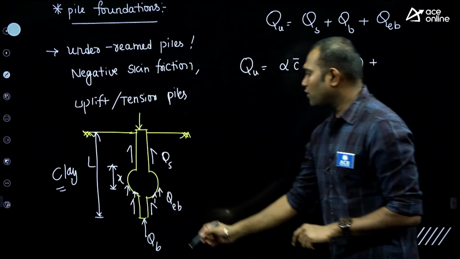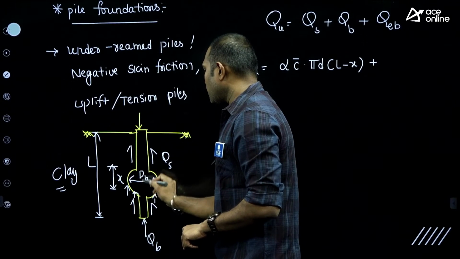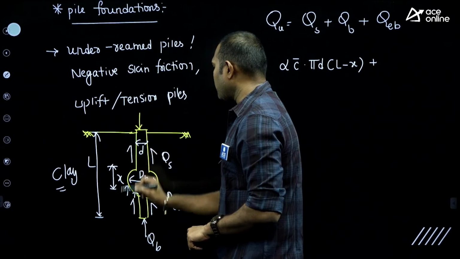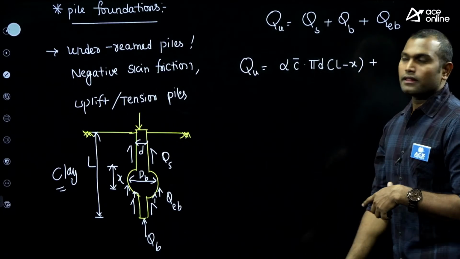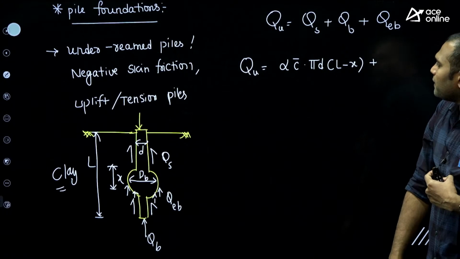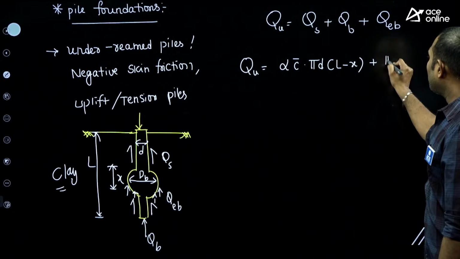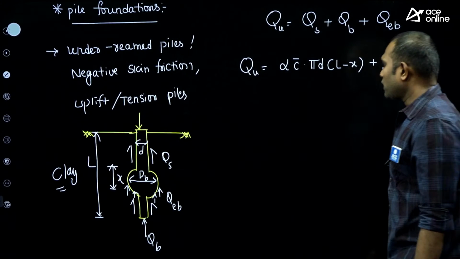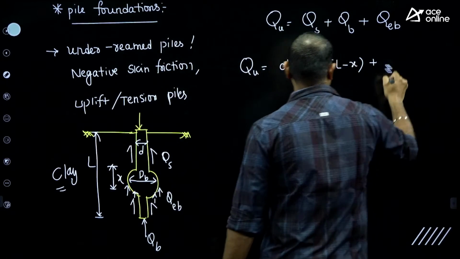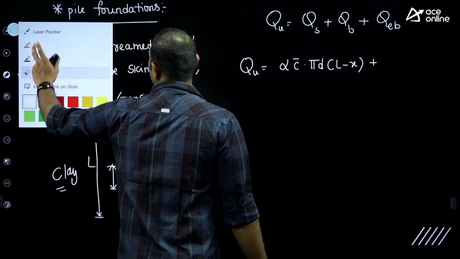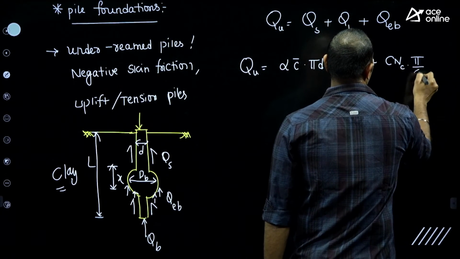If dB is the diameter of the bulb and small d is the diameter of the pile, then the end bearing capacity QB is pi by 4, okay. That is about the shaft. With the cohesion at the bottom, it is C Nc into pi by 4 d square.